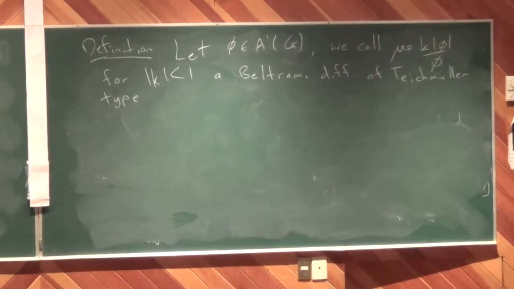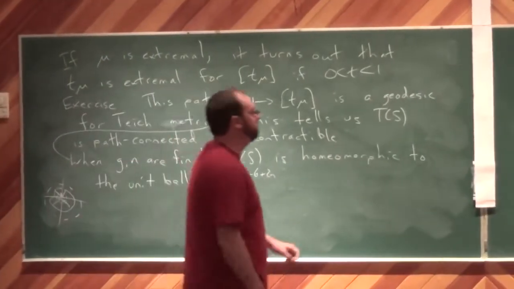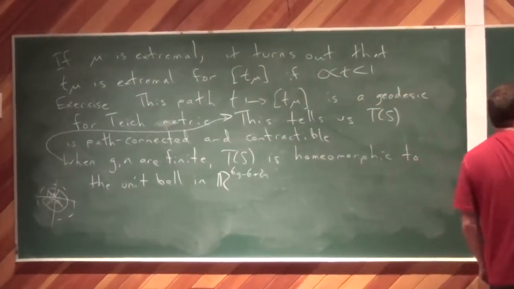So this has constant complex dilatation, and it turns out nice things follow from Beltrami differentials of Teichmüller type.